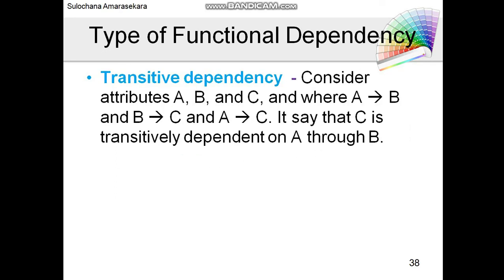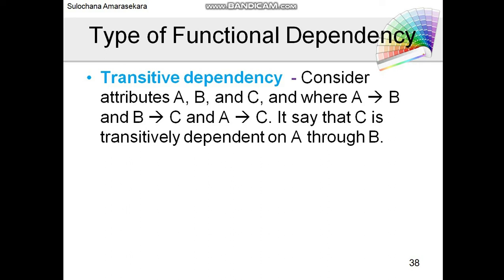Next, transitive dependency. Assume we have three attributes called A, B, C. B functionally depends on A, C functionally depends on B, and C functionally depends on A. You can see here C depends on A through B. It creates a dependency circle.